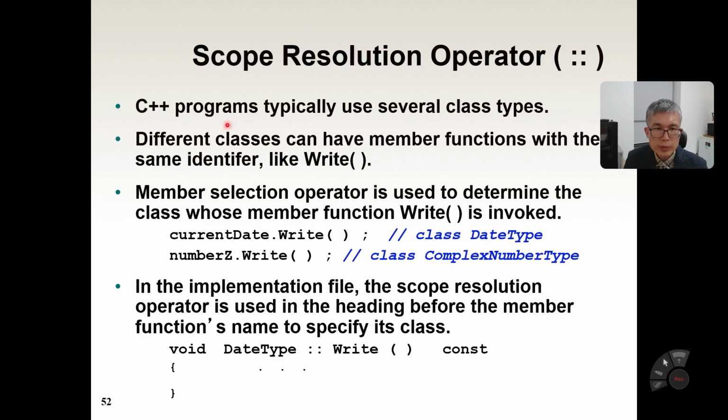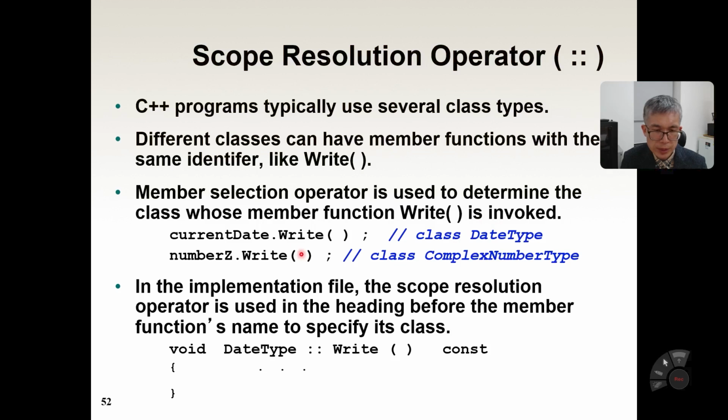C++ programs typically use several class types. Different classes can have member functions with the same identifier, like write. The member selection operator, dot, here is used to determine the class whose member function write is invoked.